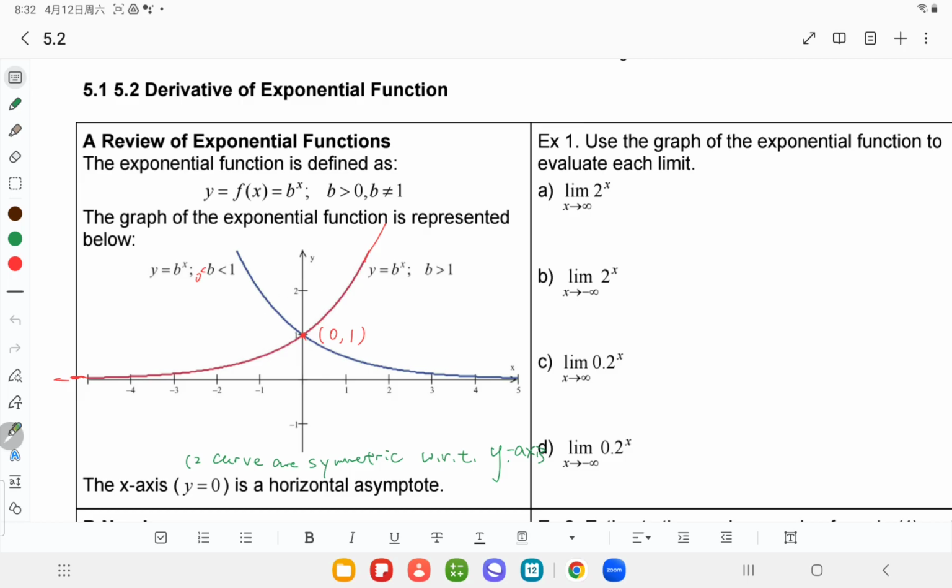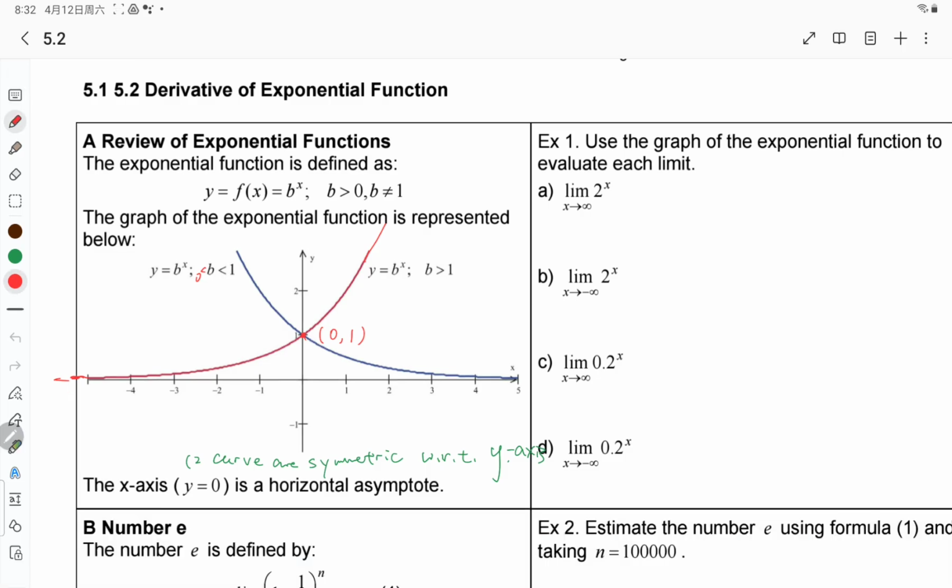This might already be familiar to you, but you only need to remember one of them. So maybe when b is greater than 1, its shape is like this.